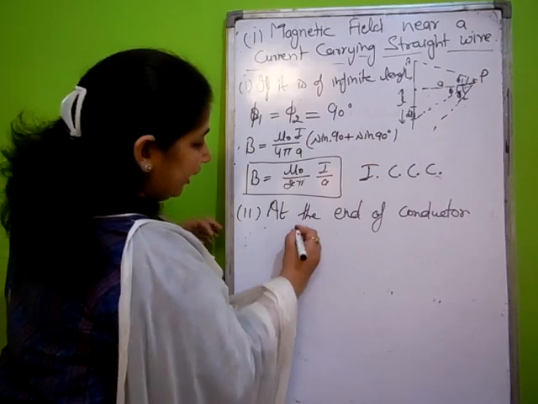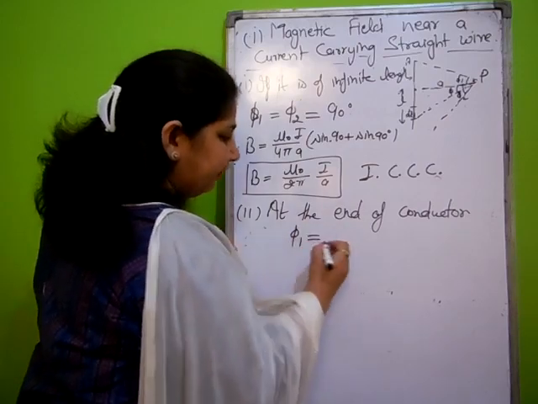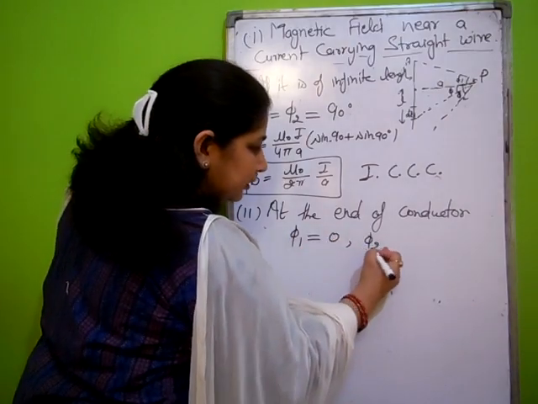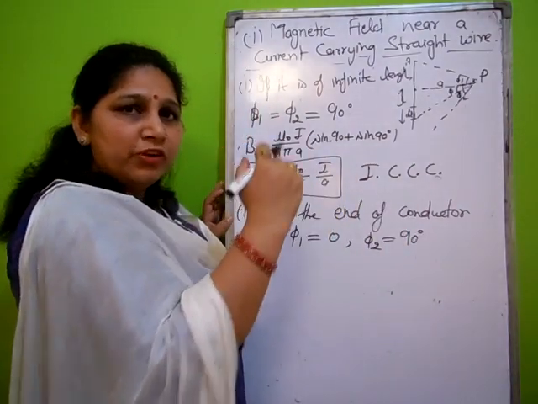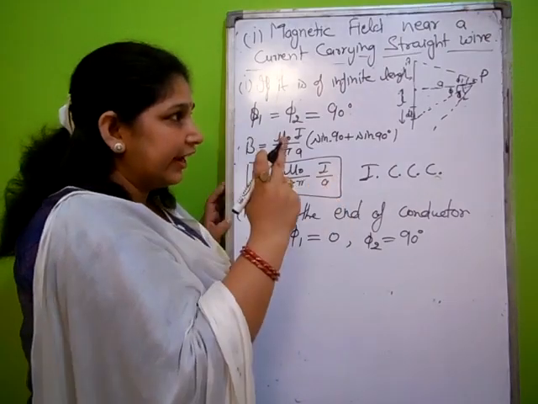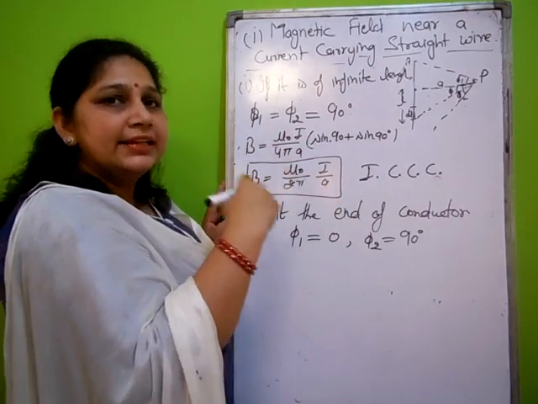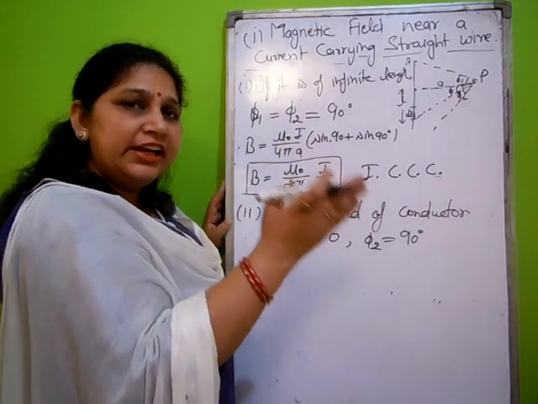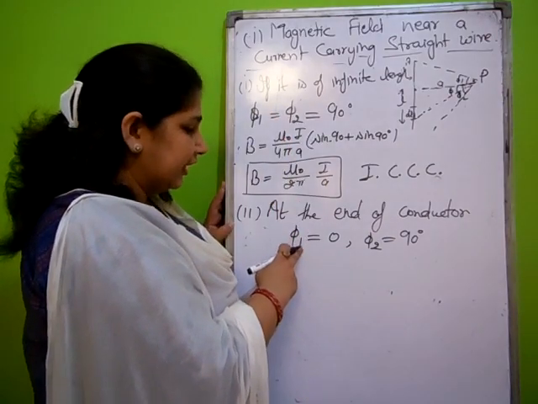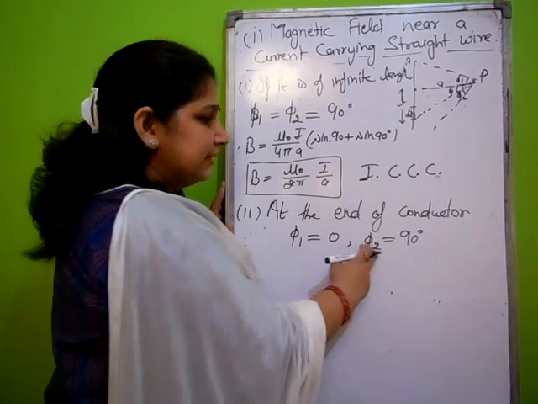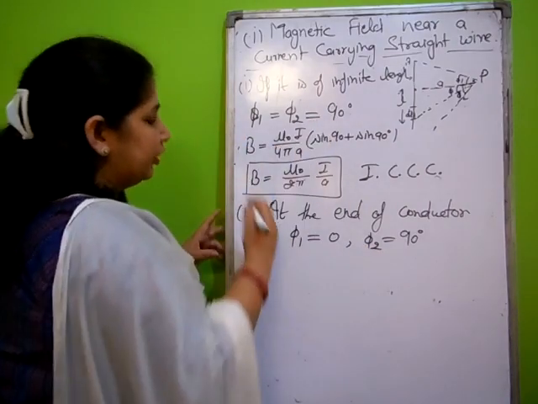Then we will write phi 1 or phi 2, any one 0 and the second one 90 degrees. As we move towards one end of the conductor, one angle will gradually decrease and the second angle will gradually increase. And at the last point, the end point, we will consider one angle is 0 and the second angle is 90 degrees. Put this value in this formula.